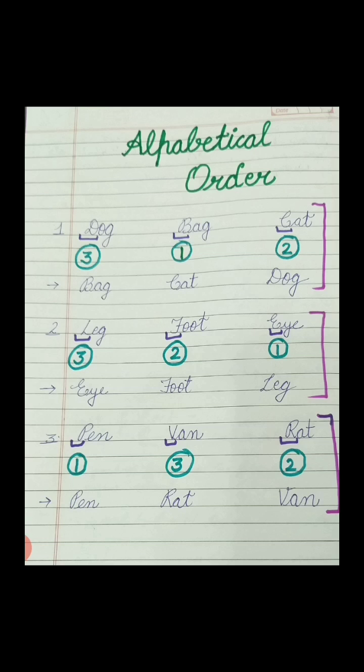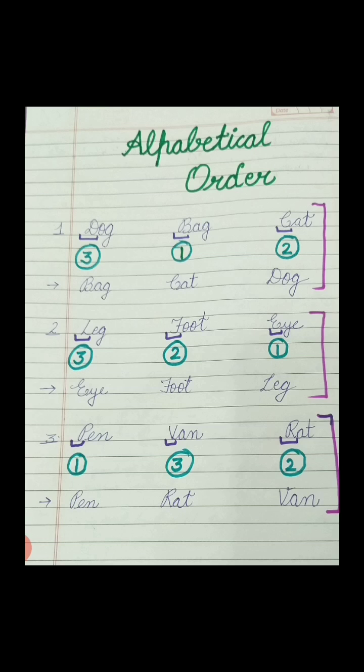Very good. Now tell me, what will come first? D, B or C? Let us sing the alphabet song. A, B. What comes first? B, right? So we will write bag first. And then after B, what comes?